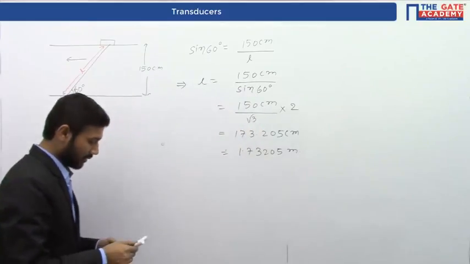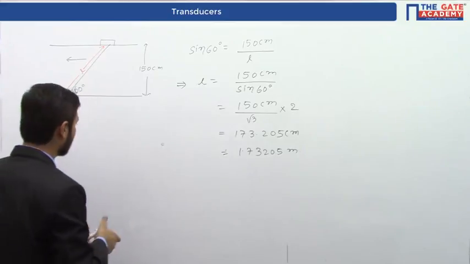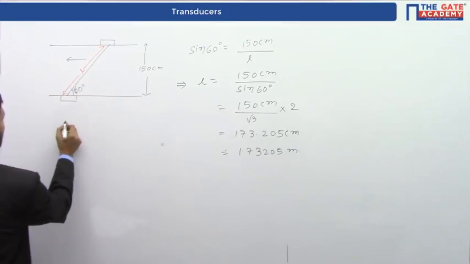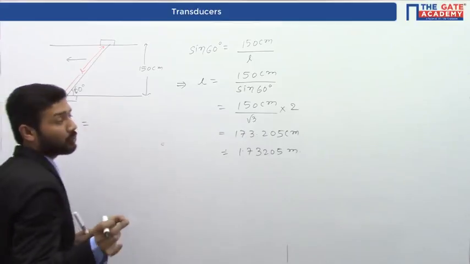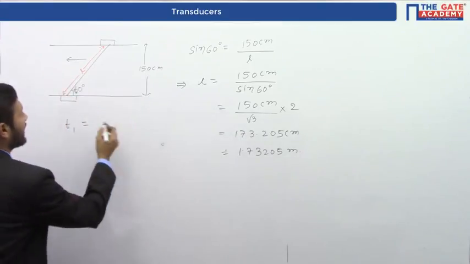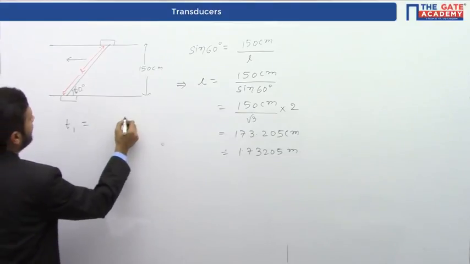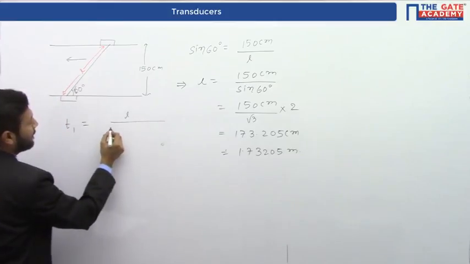So I am writing the transit time in the conventional way. T1 equals L by Vs minus V cos theta.